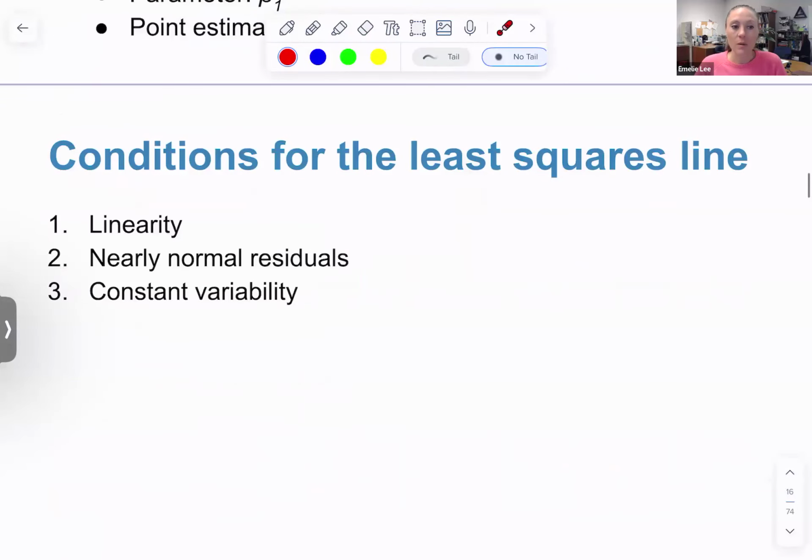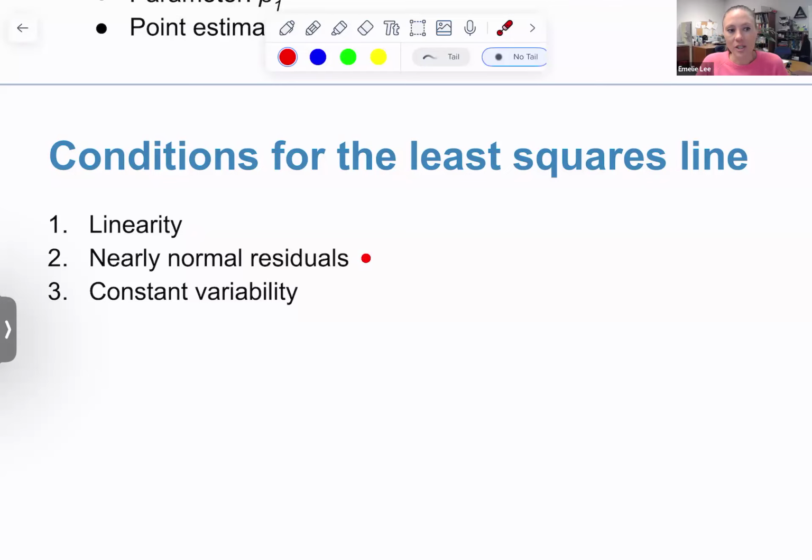But first we need to talk about the conditions for the least squares regression line. And so of course, if I'm fitting a straight line, it should have a linear relationship, and so it should be best described by a straight line.